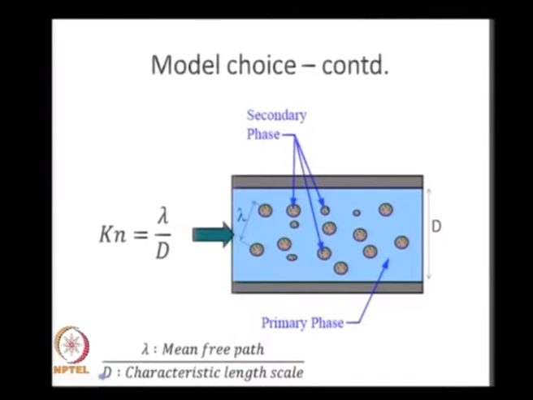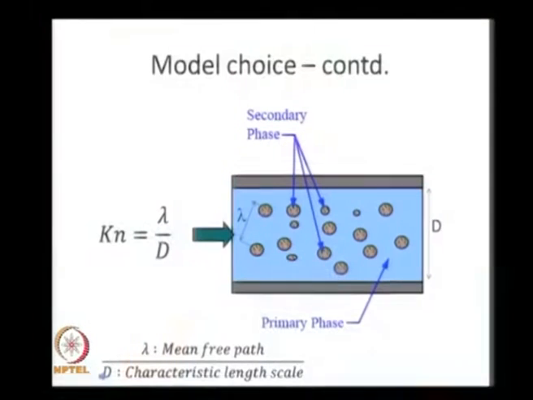Okay, let us look at another possibility which is based on the particle interaction. This is intended to quantify the level of particle interaction, and I want to introduce a definition called the mean free path. If I take, for example, a primary phase fluid, say my bubbly flow flowing through a pipe, these are all the bubbles which I have called the secondary phase.